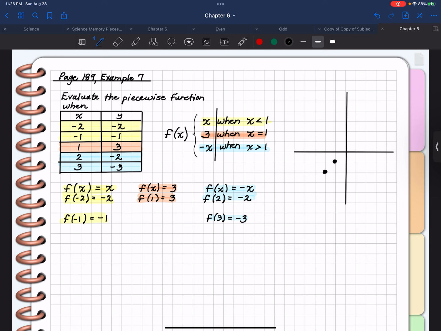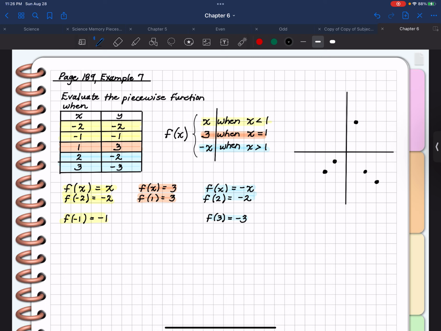So over 1, up 3. And that is just a point by itself. That's not connected to anything. These 2 points that I drew first are connected because they're both yellow. Then over 2 and down 2. Over 3 and down 3. So these 2 points will be connected.